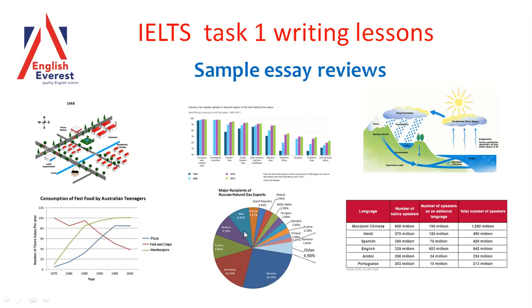We have a pie chart or pie graph, and we have a table. These are the 6 things that you will have. So we're going to look at each one and just review it, look at some good points and look at how each essay is organized. So let's begin.